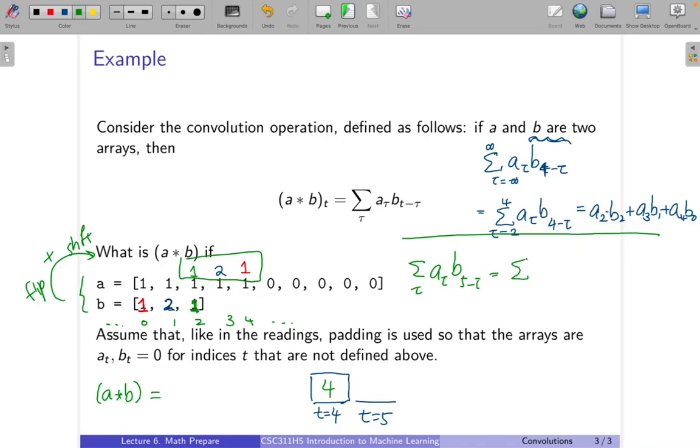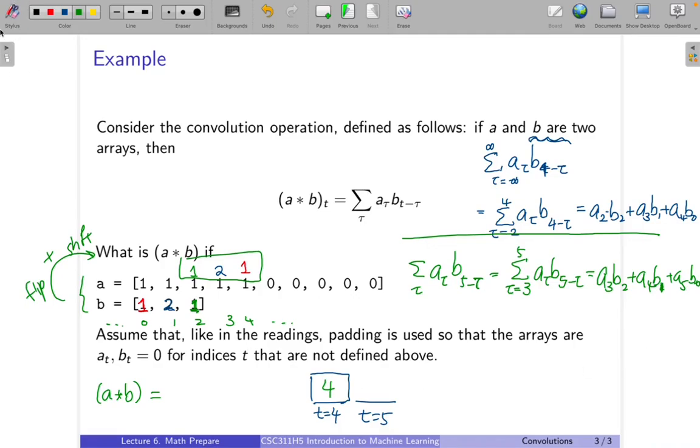Well, again, this sounds like an impossible summation until we see that B at 5 minus tau is going to be non-zero only at tau equals 5, 4, and 3. And so we've got a summation over 3 terms here: A3 B2, A4 B2, A5. Sorry, that should be a B1.